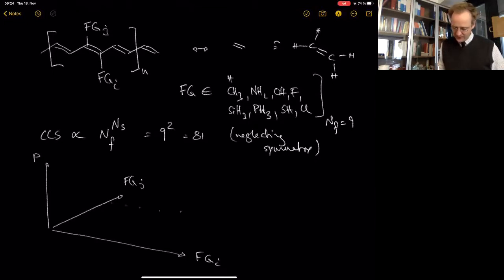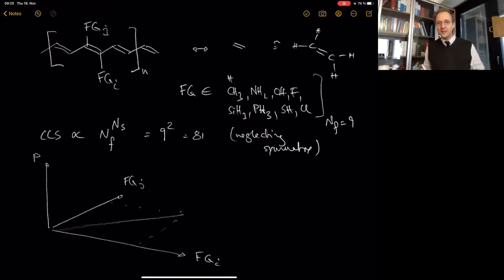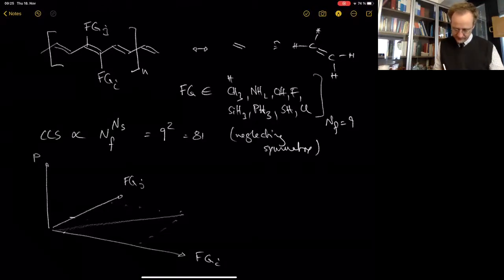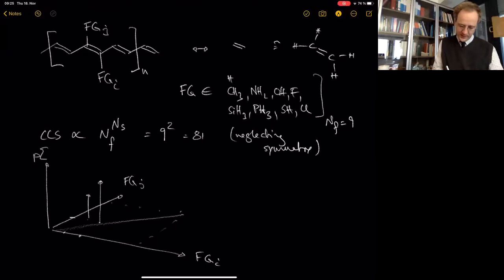So then we only care about half that matrix, and you could record the property for any combination here. So this will be in some units.